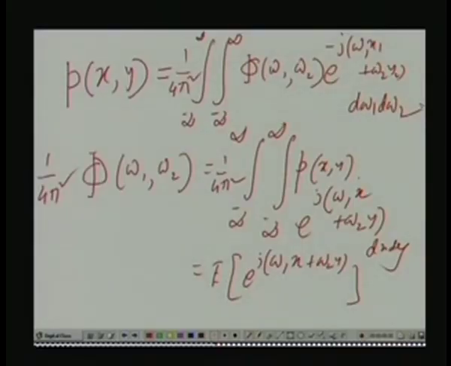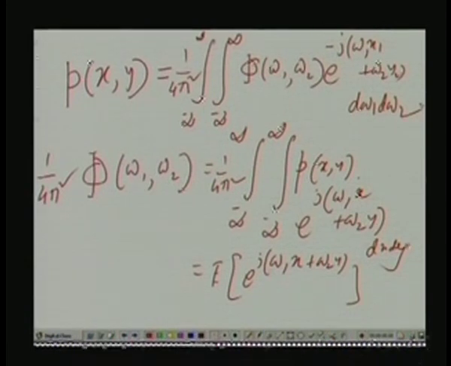And then we will see that when two variables are statistically independent, the joint characteristic function becomes just a product of the two marginal characteristic functions, and conversely then x and y are statistically independent. And then we will relate that to convolution and all that.